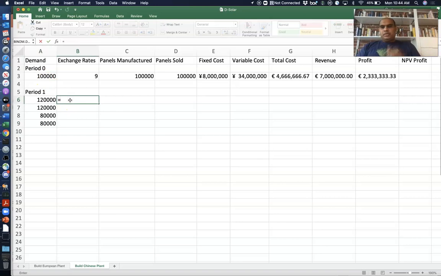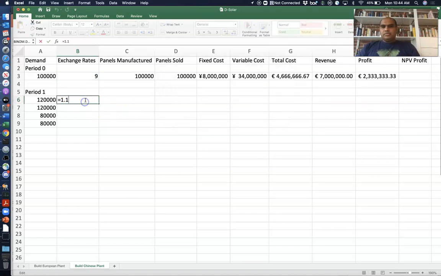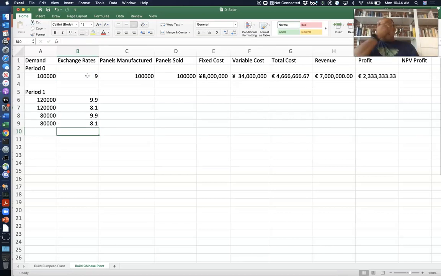This will again, let's do go up. It can go up by 10%. Or go down by 10%. Same, go up by 10%. Or go down by 10%. Okay.